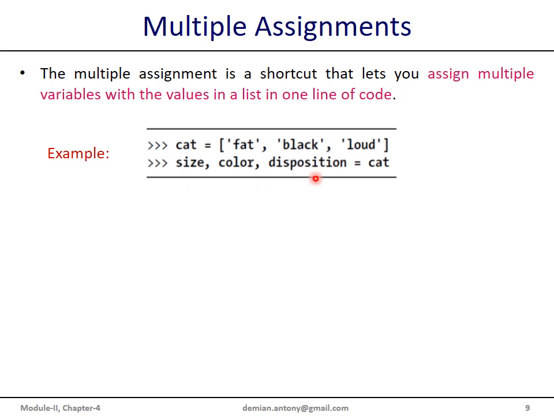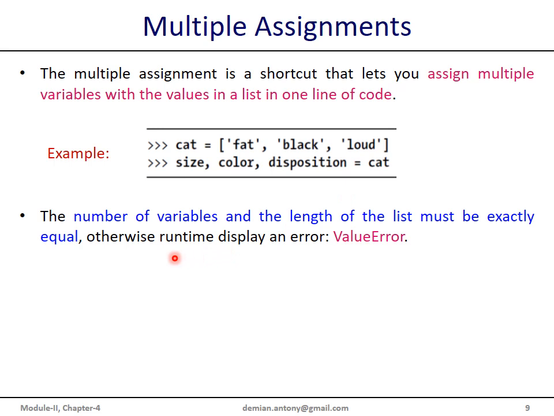The usual way is we have to write 3 different assignment statements, but in Python we can avoid these 3 assignment statements, and we can assign all the 3 values to 3 different variables by assigning the list name like this. On the left hand side we have 3 variables, and on the right hand side of assignment we have a list name.